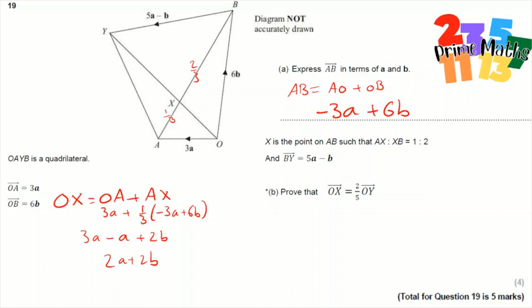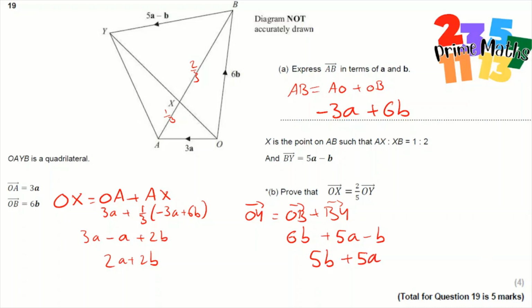We now need to work out what O to Y is. To get from O to Y, I can go from O to B and then from B to Y. O to B is 6B and B to Y is 5A minus B. This gives us 5B plus 5A.